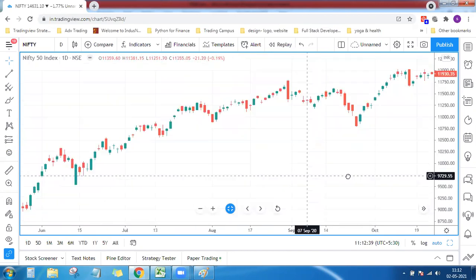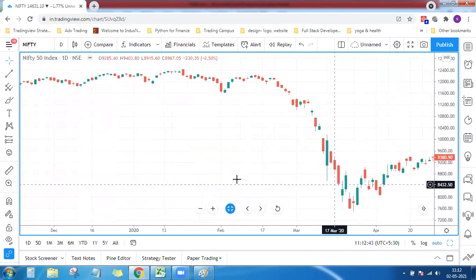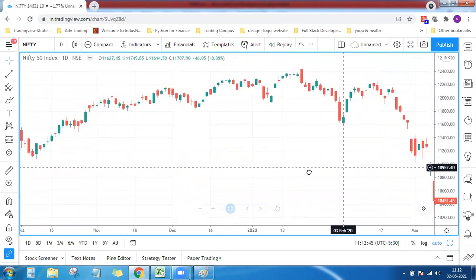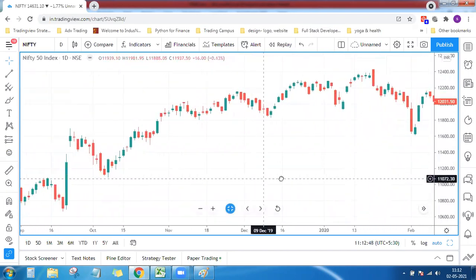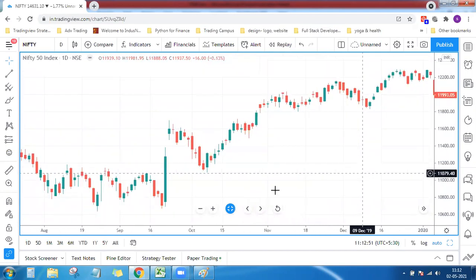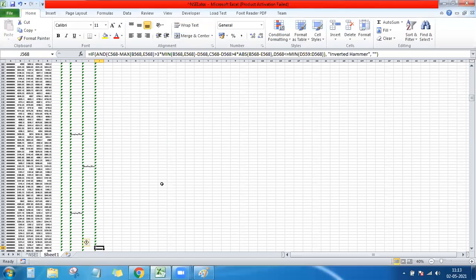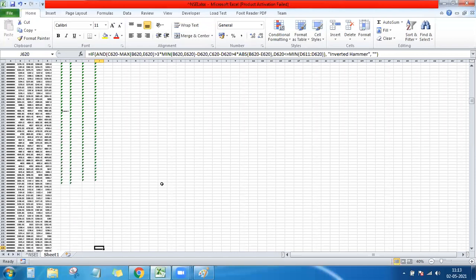That's why we're not getting many observations in the Excel. We can filter if it was normal text, but this is a formula and it is getting refreshed every time we are going up and down. Filters might be a bit difficult.